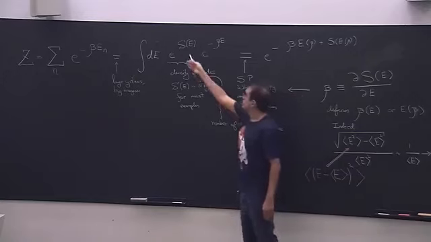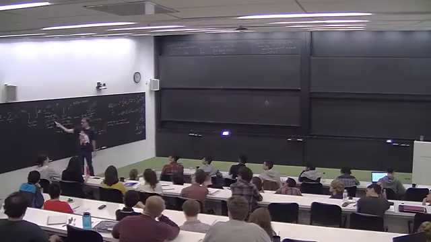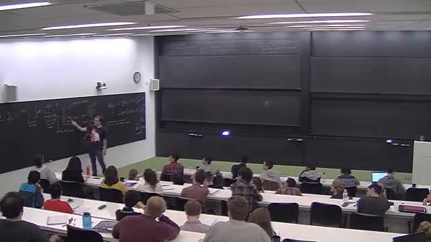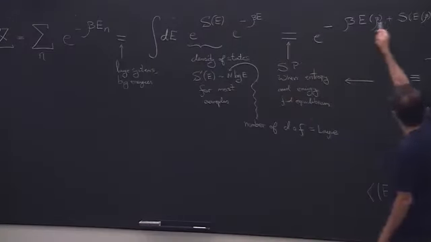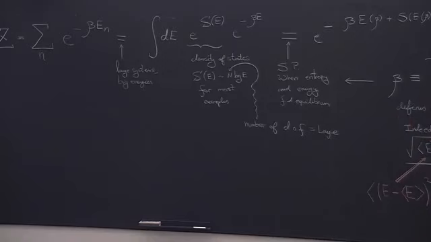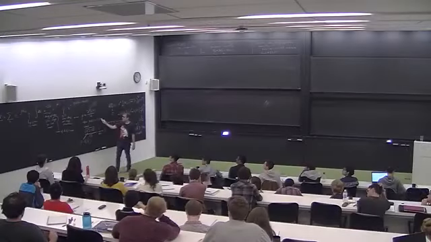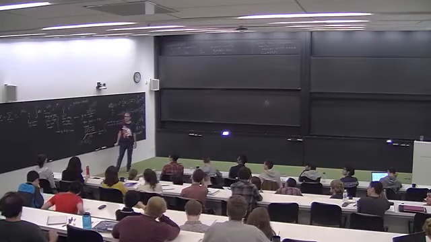And because this entropy is huge, in practice we can use a saddle point approximation. We can compute this by saddle point. And it's a fake integral, because in practice only one energy contributes, and that energy is given as a function of the temperature by the saddle point equation.